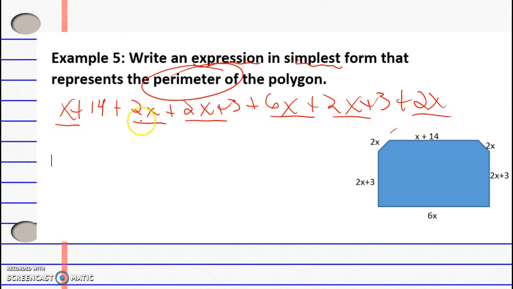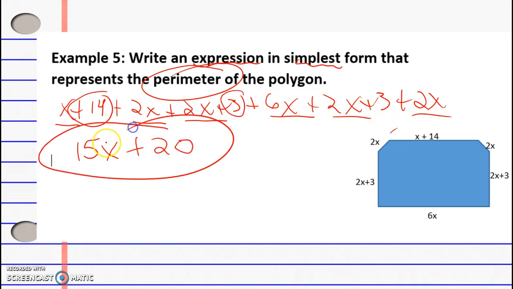So x plus 2x is 3, 4, 5, 11, 12, 13, 14, 15. So 15x. And then 14, 15, 16, 17, 18, 19, 20. And that's our final answer.